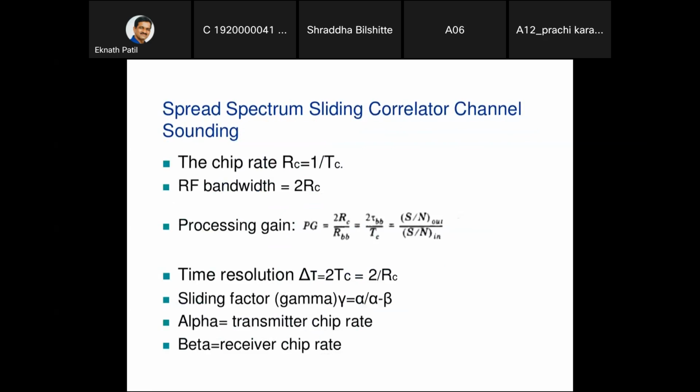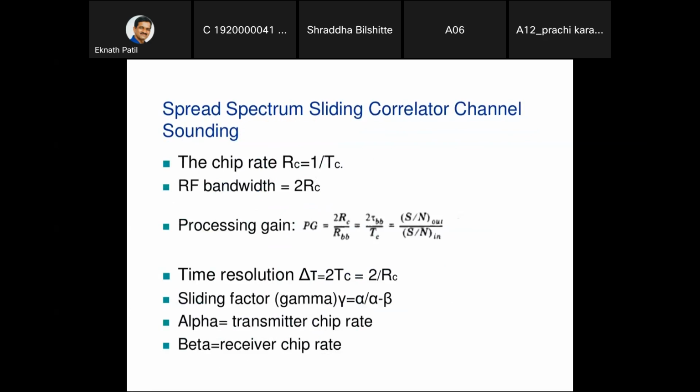Spread spectrum sliding correlator channel sounding has chip rate Rc equal to 1 by Tc. Bandwidth is 2 Rc, because they are going to improve the bandwidth by adding the pseudo noise, and whatever the bandwidth is, it doubles.